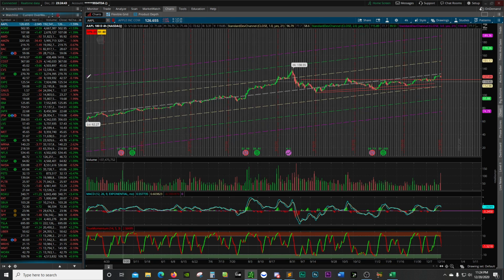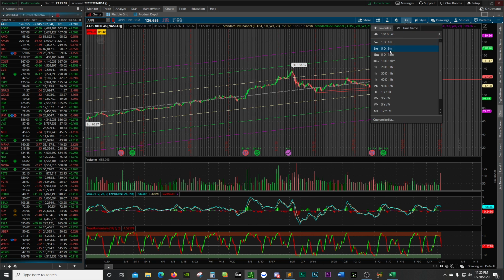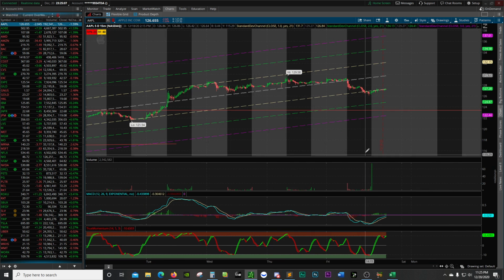Yeah, they're really awesome. They're not a silver bullet, but they definitely can help make a difference in looking at how extreme a level the stock is at. Like Apple right now is at fair value on the 180 chart. But if I go to a 5-day, 15-minute, it's actually undervalued.